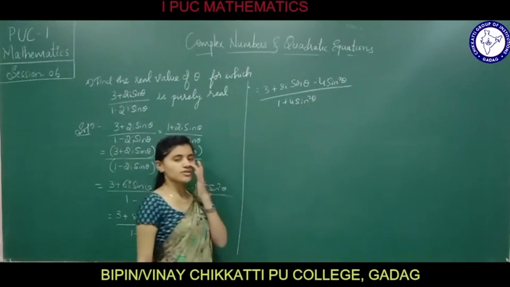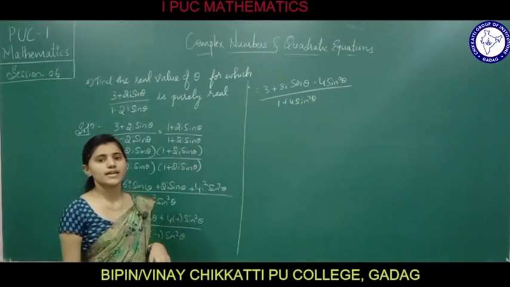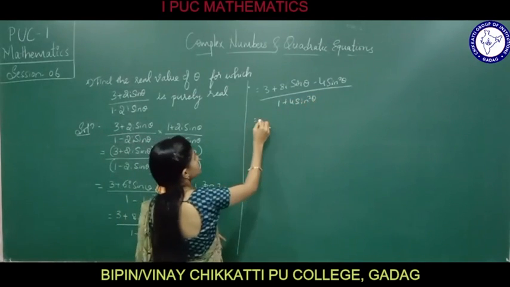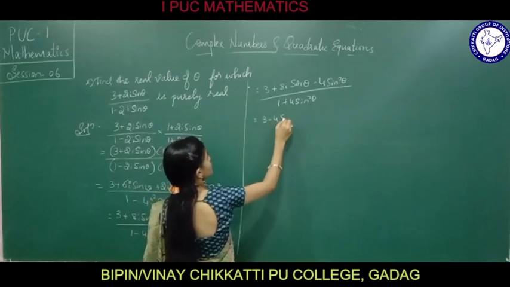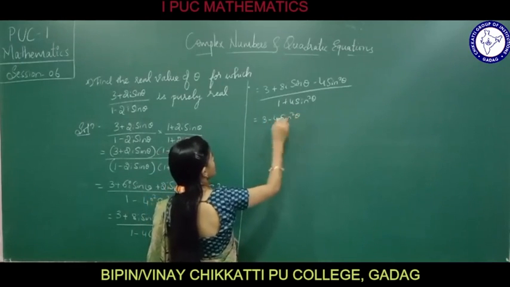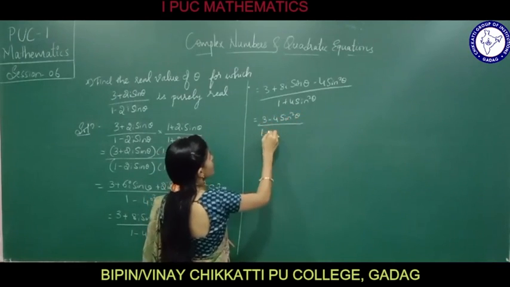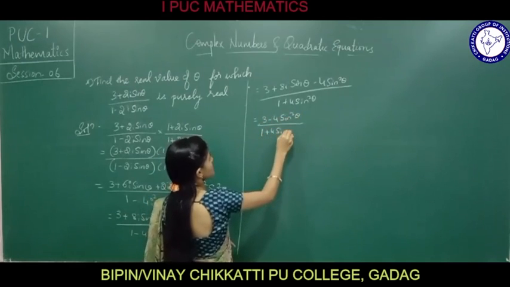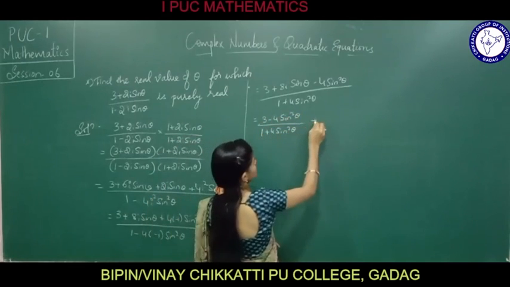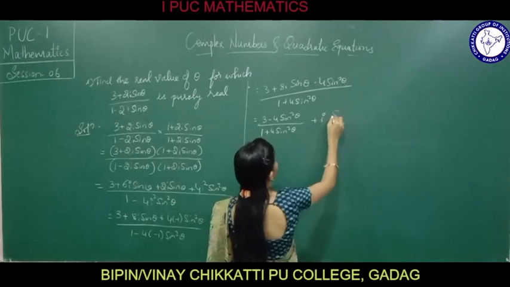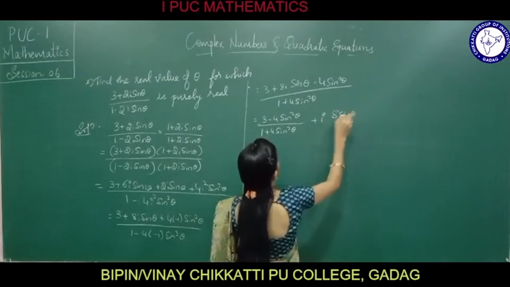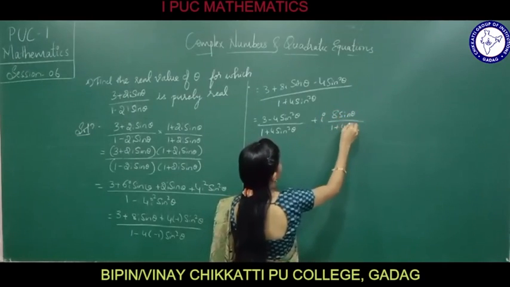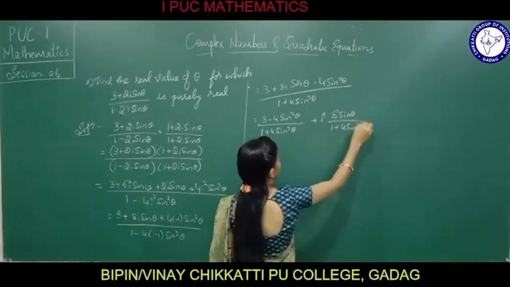Now we are going to write it in the form of a + ib. That is (3 − 4 sin²θ) divided by (1 + 4 sin²θ) plus i into 8 sin θ divided by (1 + 4 sin²θ).